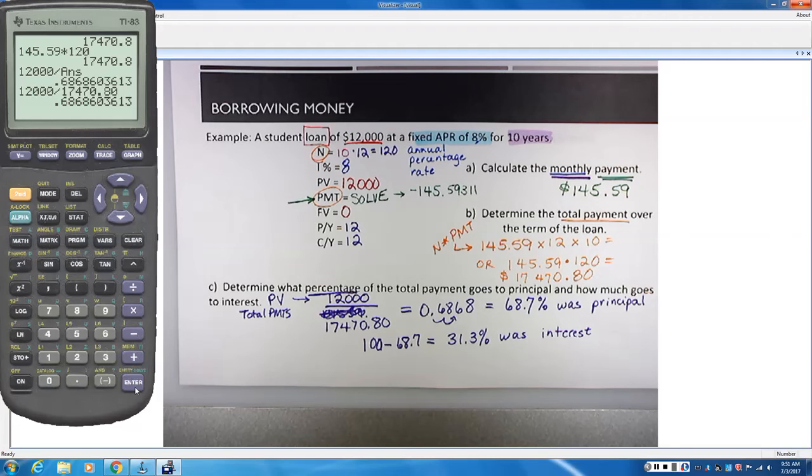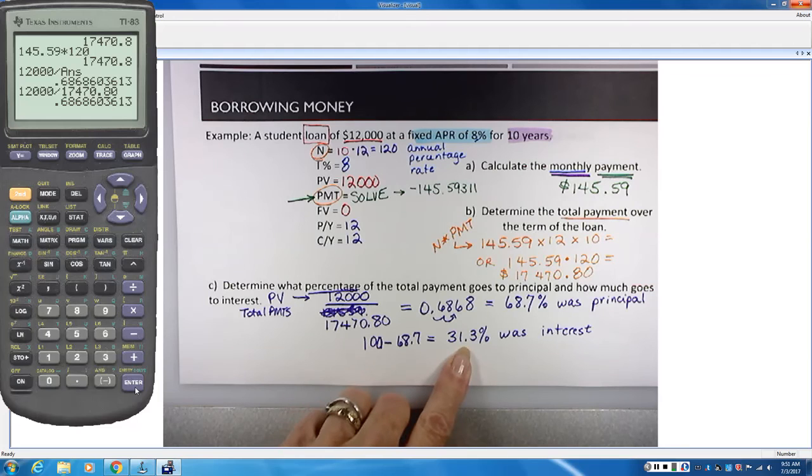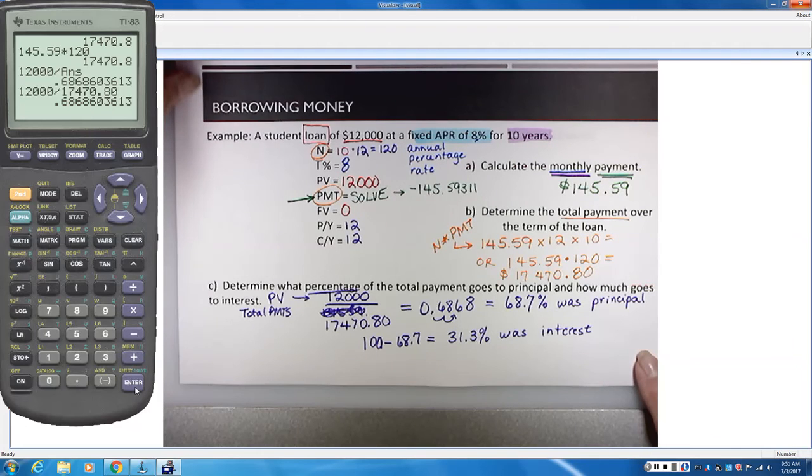Okay? So almost a third of what I paid in actually went to interest. Questions?